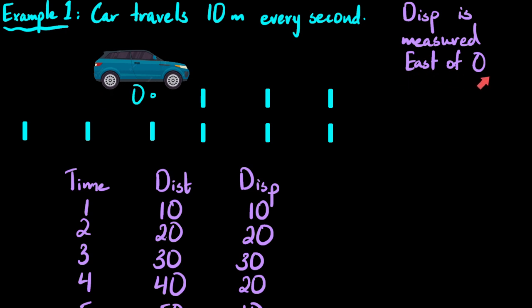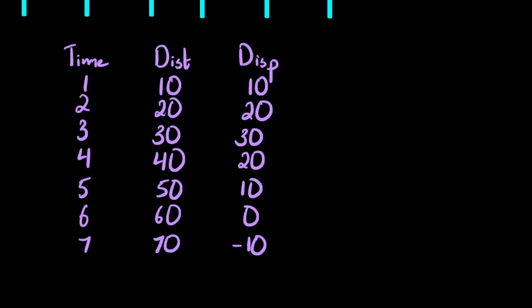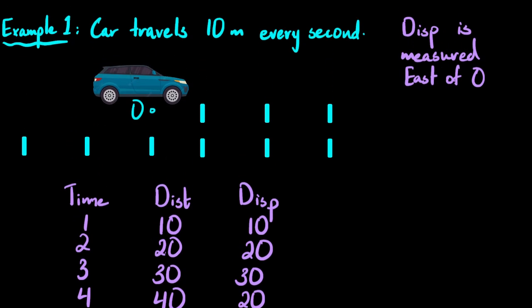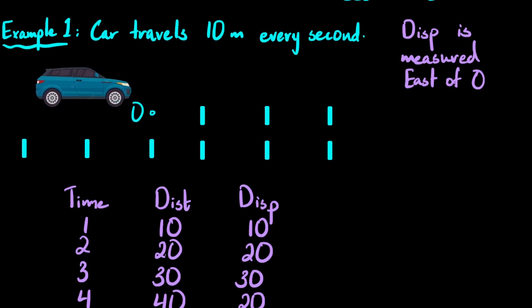So if we are saying the displacement to the right or to the east of O is positive, then the displacement in the opposite direction would be negative. So at this position it would be negative 10, and then similarly for the last position the distance would increase by 10 more and the displacement would become minus 20 as it moves further back to a position like this, where it coincides with this mark.